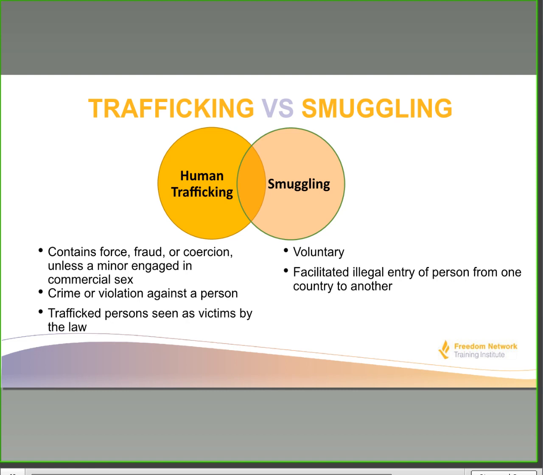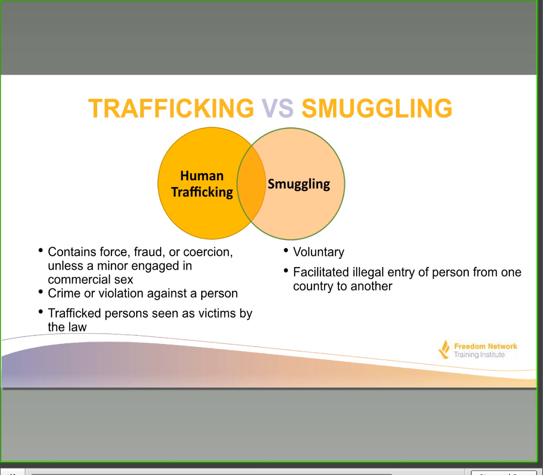And that crime or violation, of course, includes all of the types of scenarios that we were previously discussing. And trafficked persons are more often than not seen as victims by the law. I say more often than not because sometimes reality does not necessarily align with what the best case scenario always is.